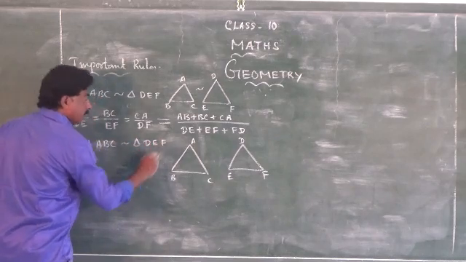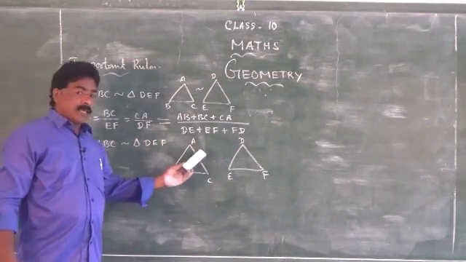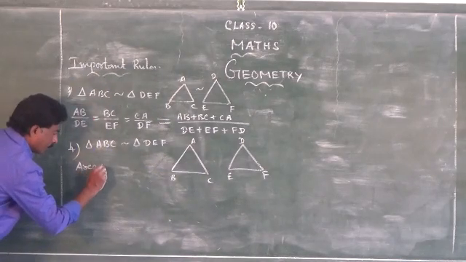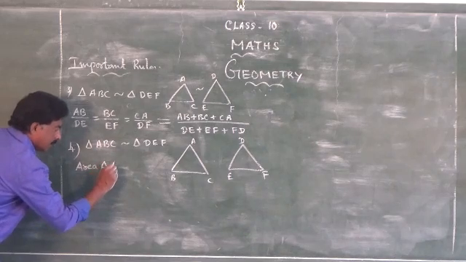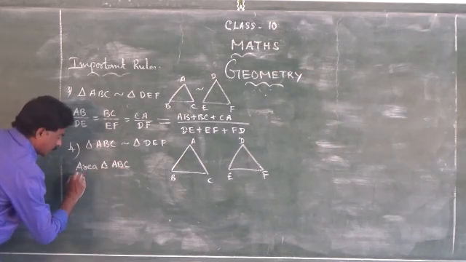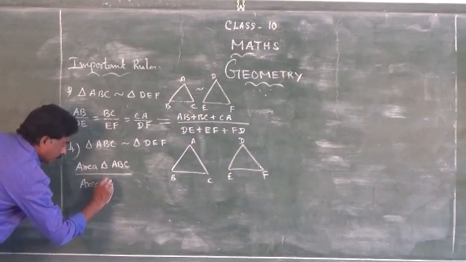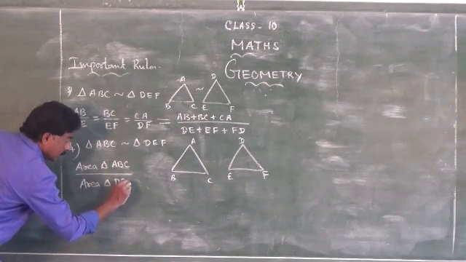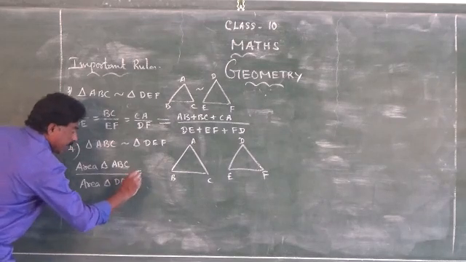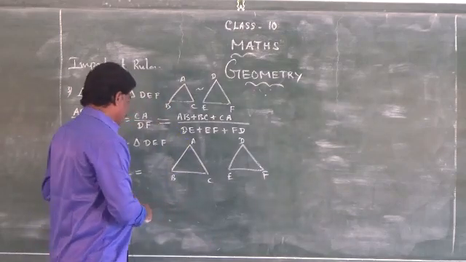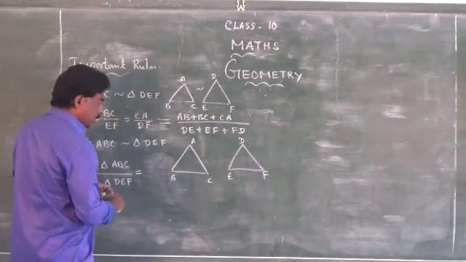Then what is the condition given? The ratio of the areas, that is, area of triangle ABC by area of triangle DEF, is equal to the squares of their corresponding sides. So what are the squares?